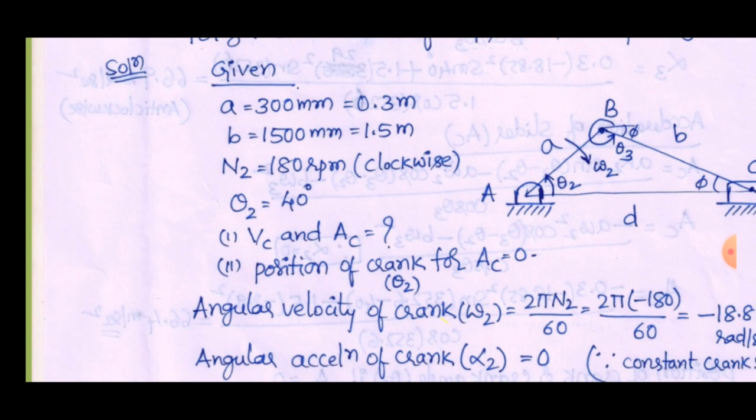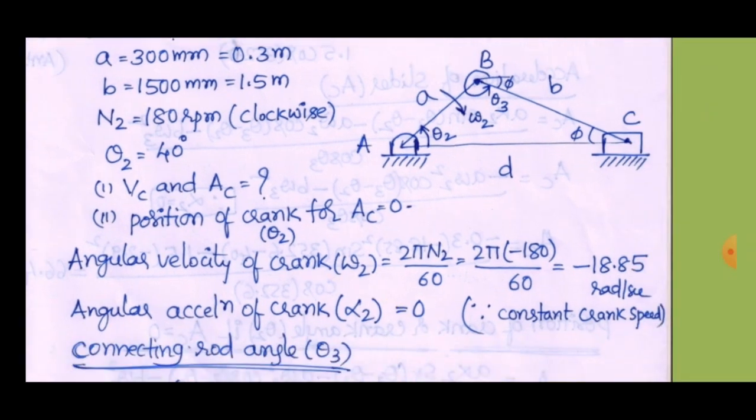Now first let us find the angular velocity of the crank, omega 2. You have to look at the unit of the speed. If it is radians per second, that itself is omega 2, and you should not do 2 pi N2 by 60.